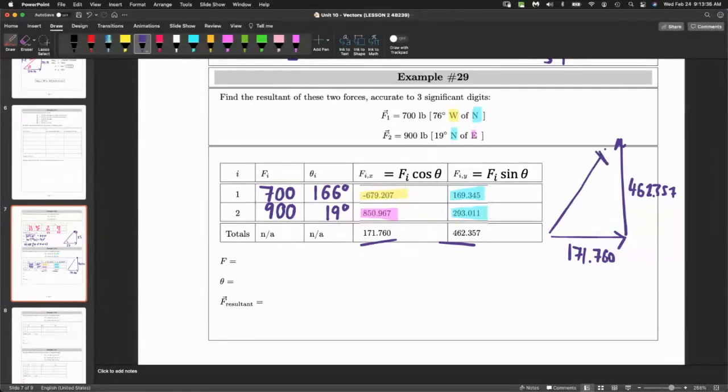If we take those vectors together and add them, that's the resultant vector F, and that's the angle theta. So in this case, the Pythagorean theorem and tan. Again, as per usual, Pythagorean theorem and tan.